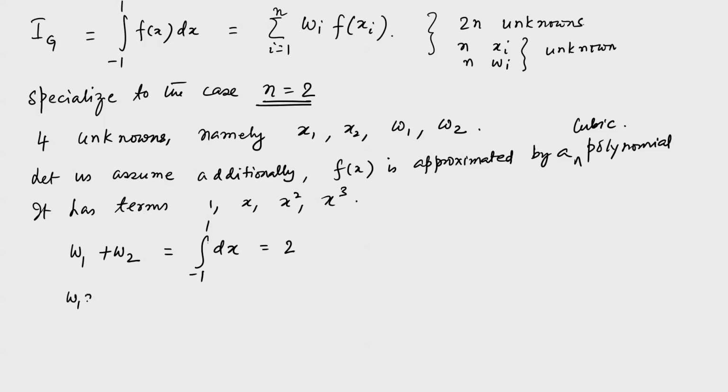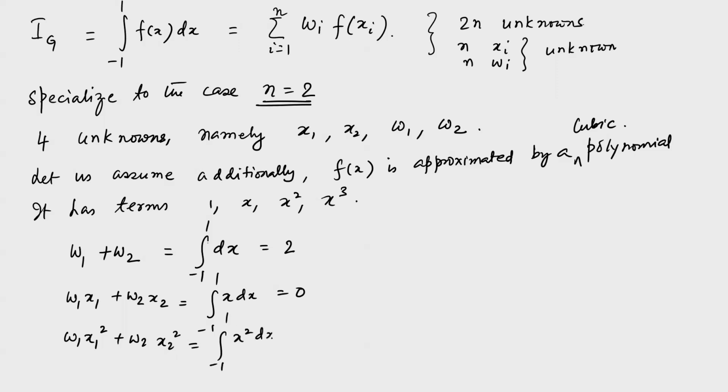Then you have W1 x1 plus W2 x2, which is the integral from -1 to +1 of x dx, which is equal to 0. Then it is W1 x1 square plus W2 x2 square, which is the integral from -1 to +1 of x square dx, which is equal to 2/3.